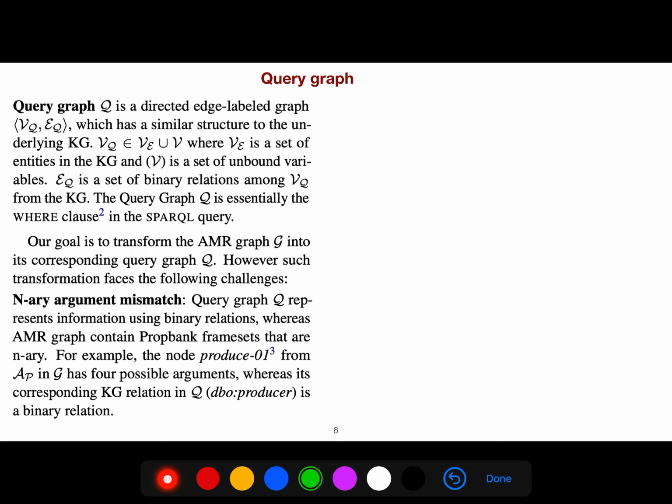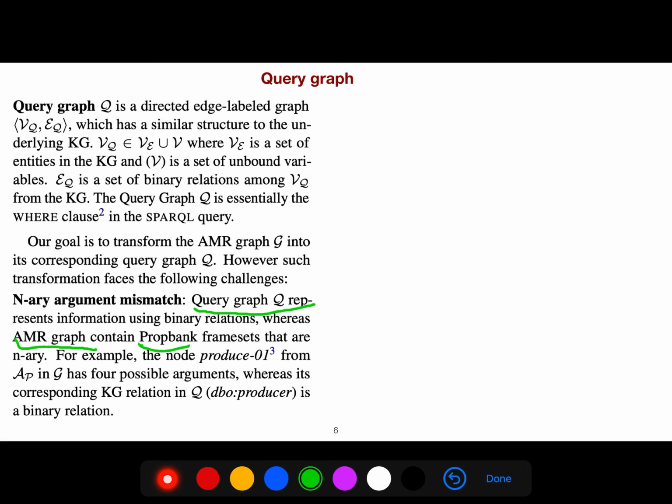However, such transformation faces the following challenges. N-ary argument mismatch. You know that a query graph represents information using binary relations, whereas the AMR graph uses PropBank frame sets that are n-ary.